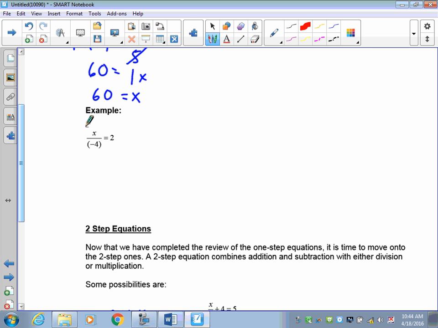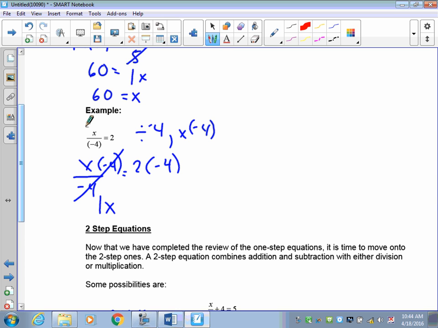All right, so here we go. You are dividing by negative 4, sorry. So to solve this, I've got to multiply by negative 4. So I've got x over negative 4 times negative 4 is equal to 2 times negative 4. These cancel, giving you 1x. And 2 times 4 is 8.